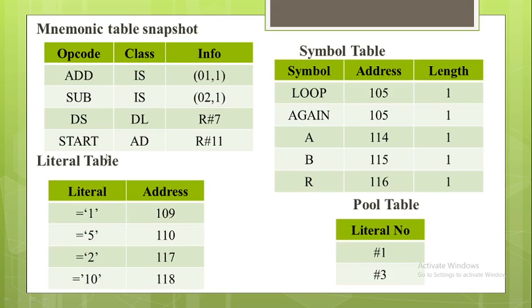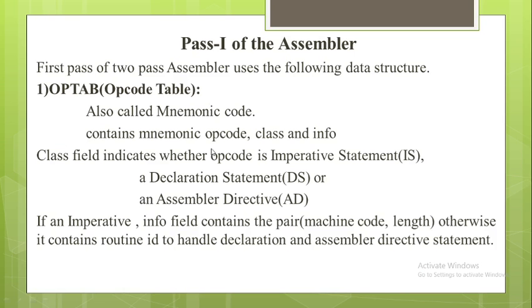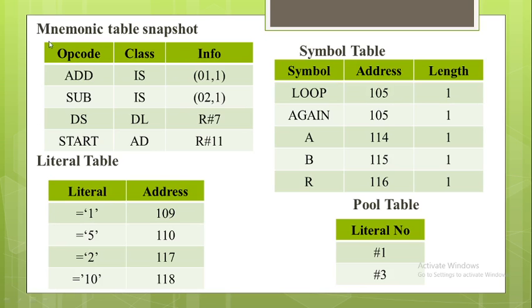So over here, start is an assembler directive and routine number 11 is going to handle this assembler directive statement. And because of this, we are able to build up this table, that is the mnemonic table, consisting of opcode, its class and the information.